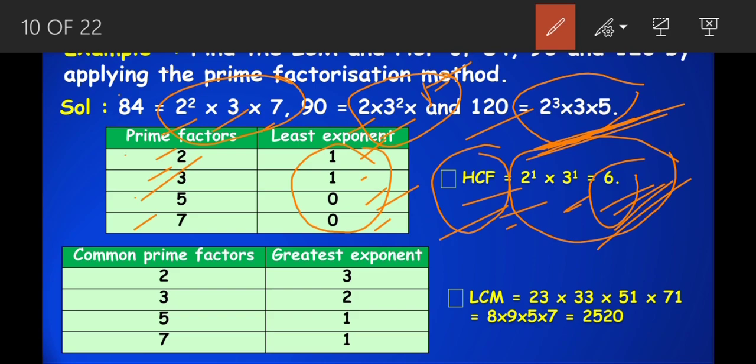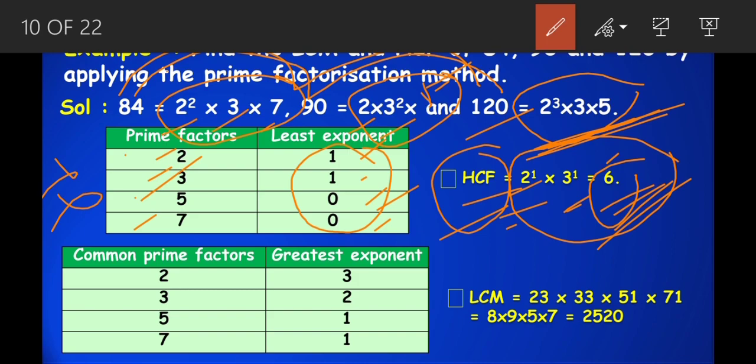Actually, these three numbers, 84, 90 and 120, are divisible by 2, they are divisible by 3, they are not divisible by 5, they are not divisible by 7, they are divisible by 6. Out of all the numbers, which is the highest? 6 is the highest number which divides the given three numbers commonly. So greatest common divisor, GCD, or highest common factor.